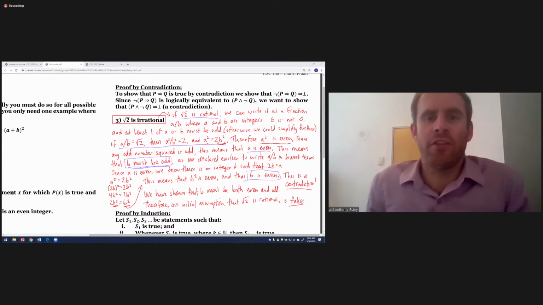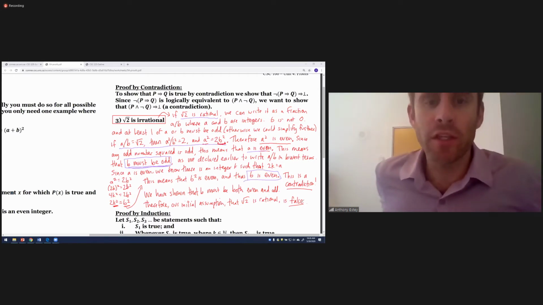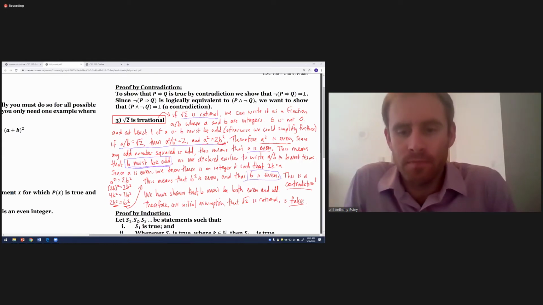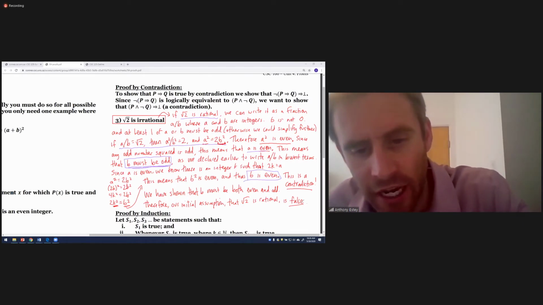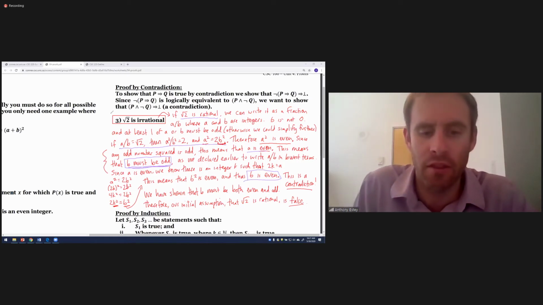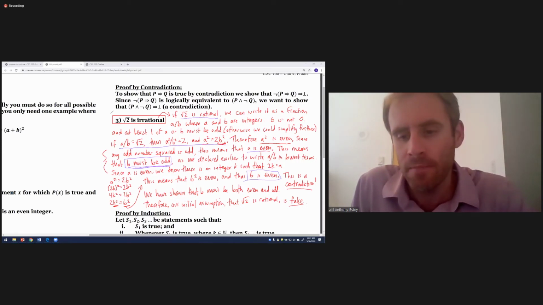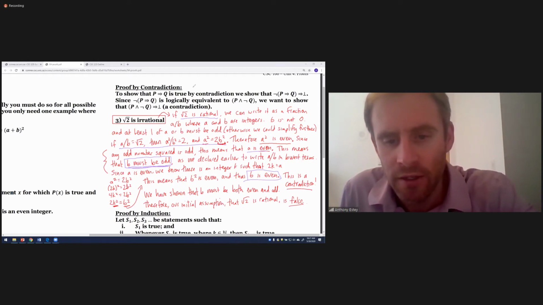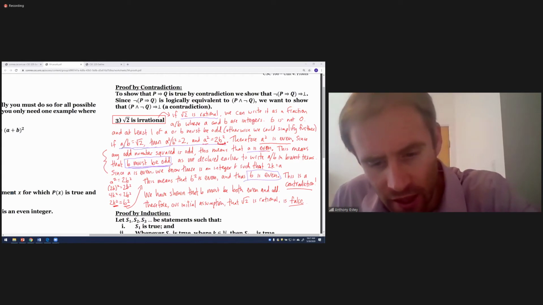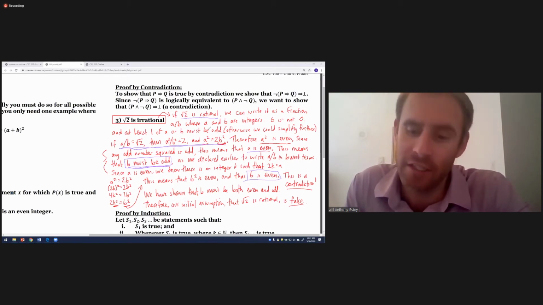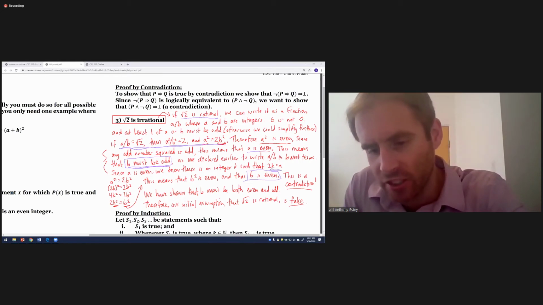I know a lot of textbooks do this with a lot less writing. I kind of wrote this as a story. Most textbooks skip the description in between all of the algebra. They just do the part I've underlined in purple here, and then basically say, therefore a is even, and there exists an integer k such that 2k equals a.